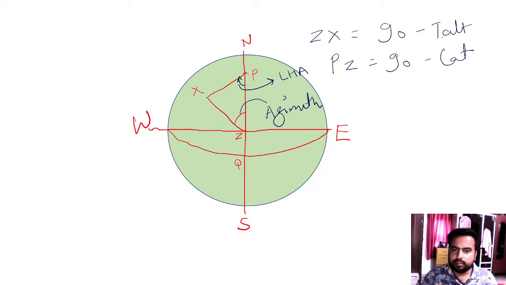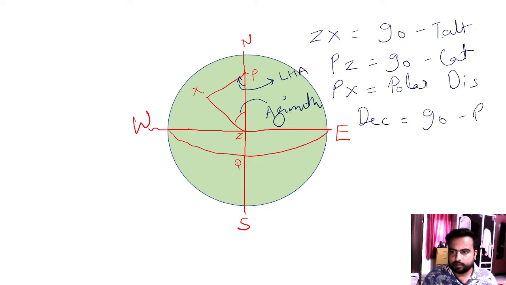And PX is your polar distance. Declination is equal to 90 minus PX. So whatever your PX is, if you subtract it from 90 degrees, the declination will come.